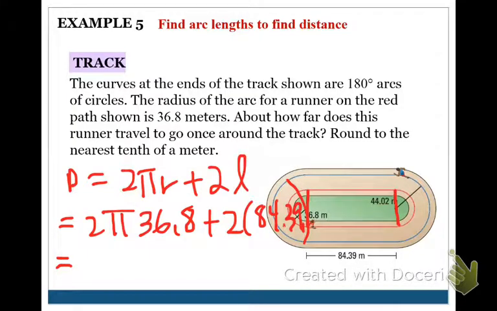Multiply it all out. See if you can get the calculation. Go ahead and multiply it out.